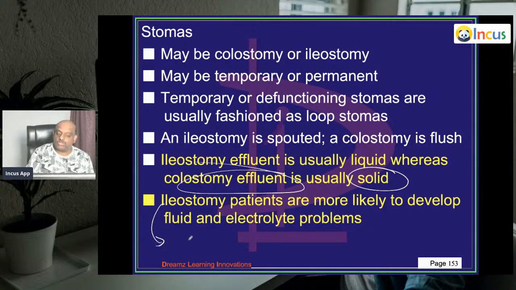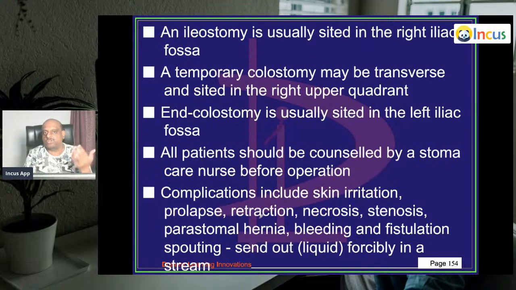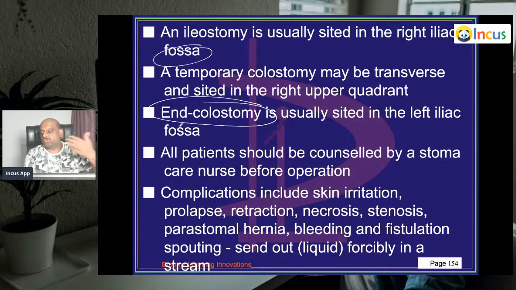And because ileostomy effluent is usually liquid, fluid electrolyte problems are more likely in an ileostomy patient. The ileostomy is usually sited in the right iliac fossa, whereas the colostomy is usually sited in the left iliac fossa.